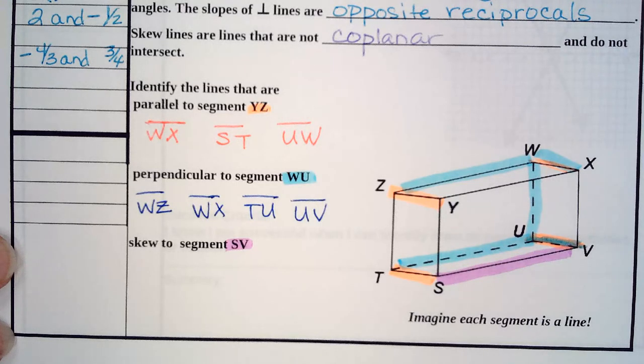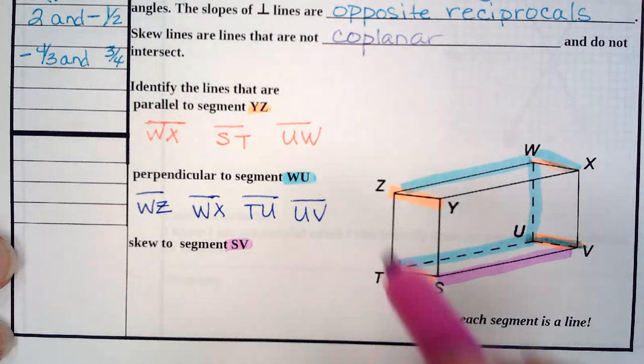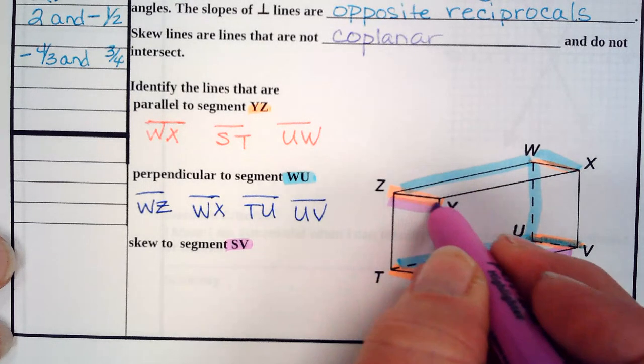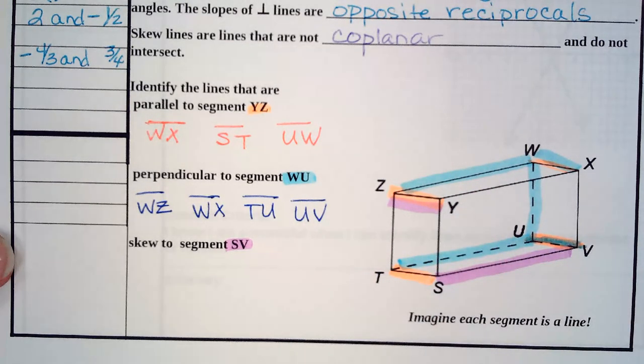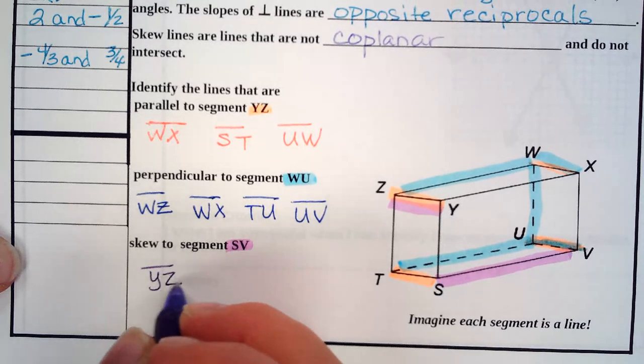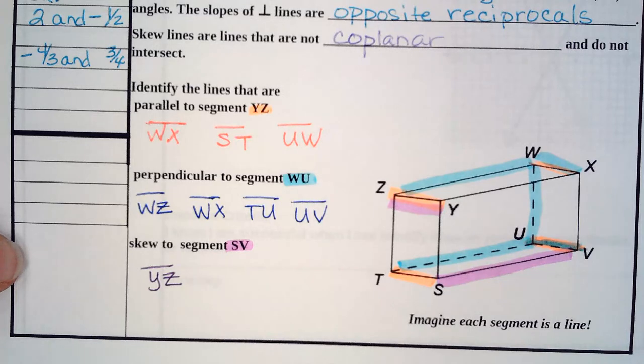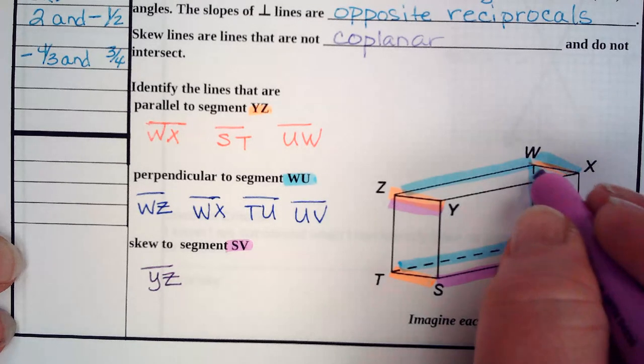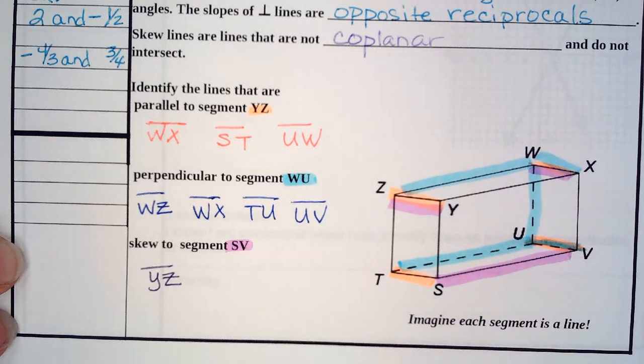We cannot draw a plane at a diagonal between. So that would be YZ, segment YZ. And the other segment would be up here, it would be WX. So those two segments would be considered skew segments.